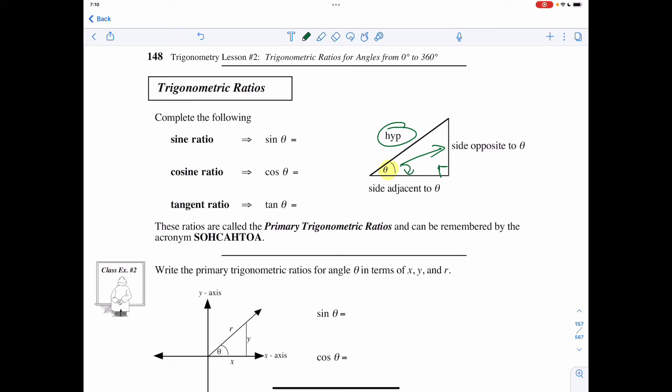So if I'm following the SOHCAHTOA, sine is equal to my opposite over my hypotenuse. Cos is equal to my adjacent over hypotenuse. And tan is equal to my opposite over my adjacent.